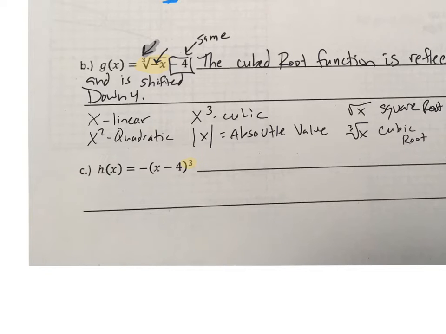So this is the cubic function because it has a third power. And then we need to see what's happening to it. So first, I want to say, oh, it's got this negative on the outside. So that means it's reflected.